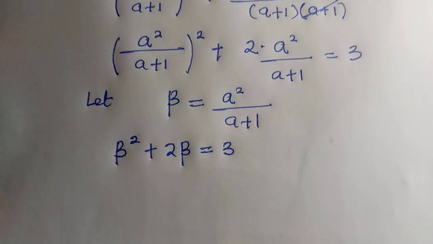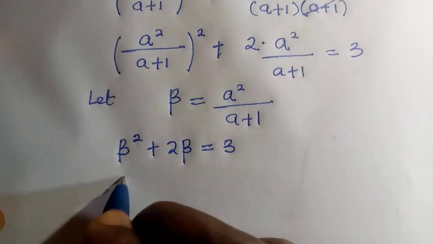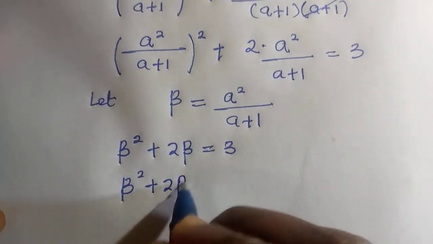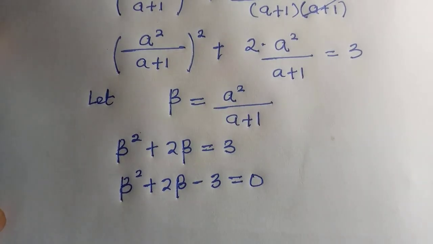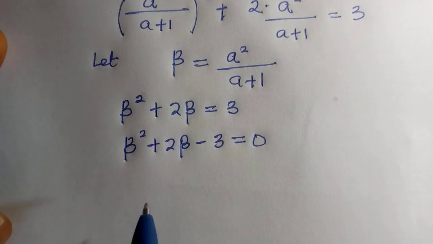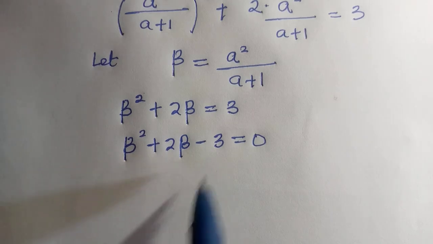This is a quadratic equation, as we have beta squared plus 2 beta equals 3, where we can have this as beta squared plus 2 beta minus 3 equals 0, and it forms a full quadratic equation. And we believe that this is factorizable, because when we factorize this, we have this as 2 and we have this as 3.